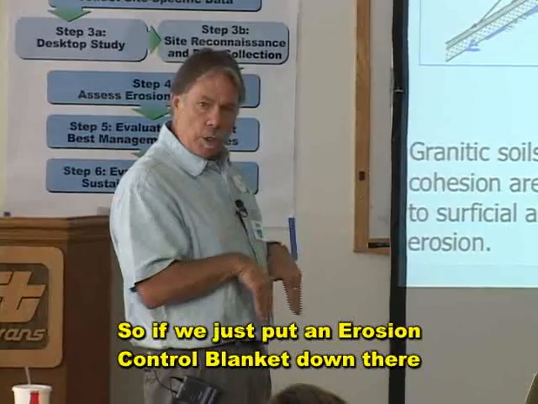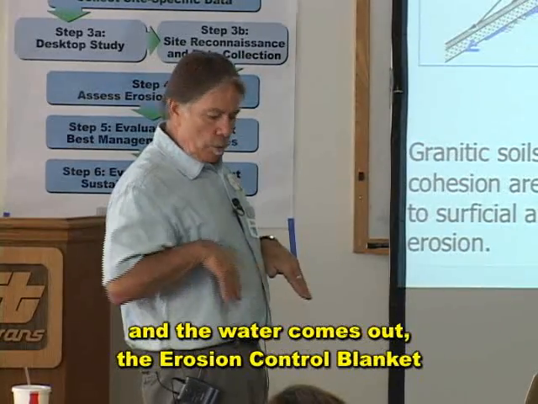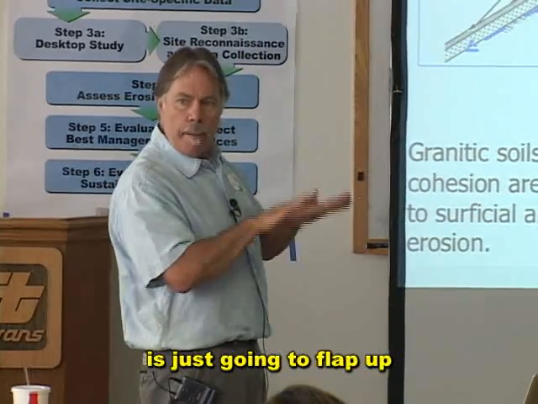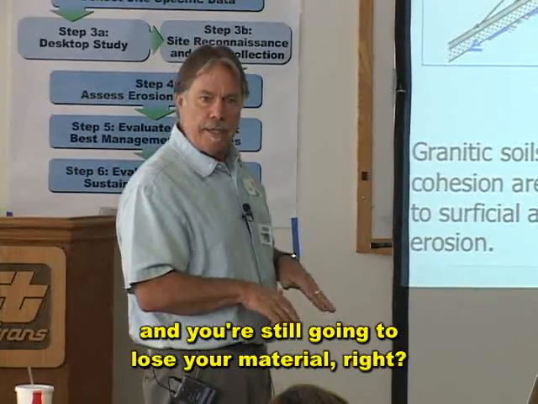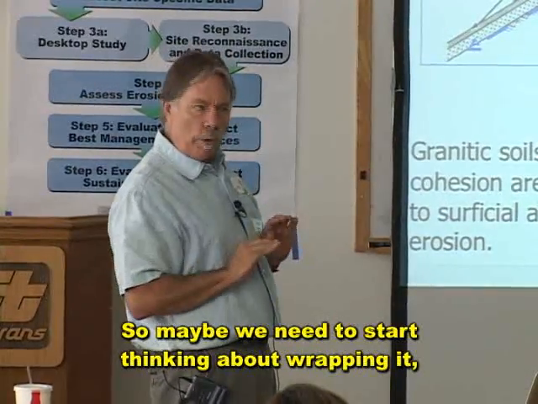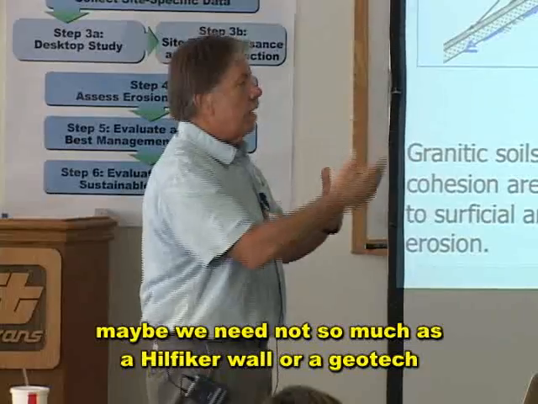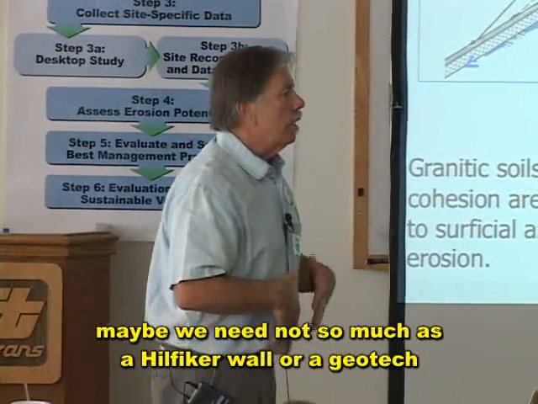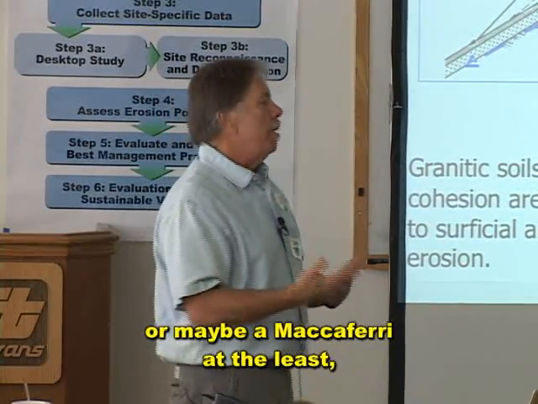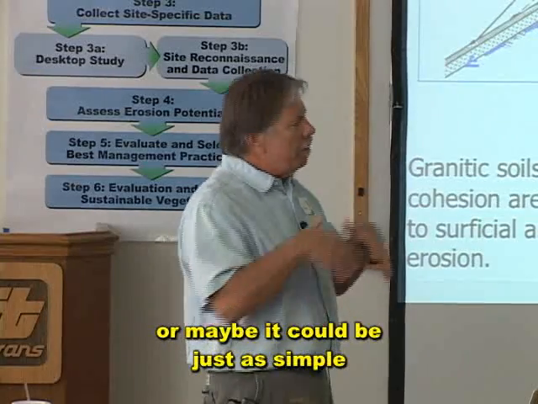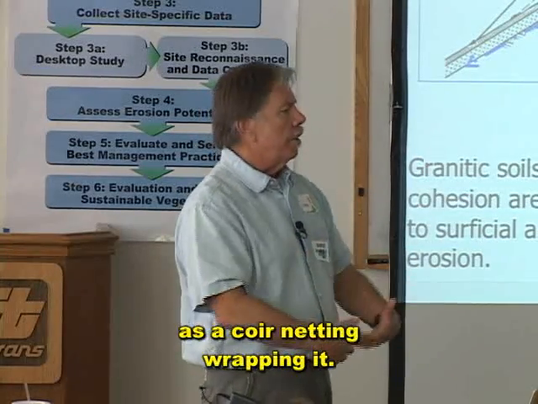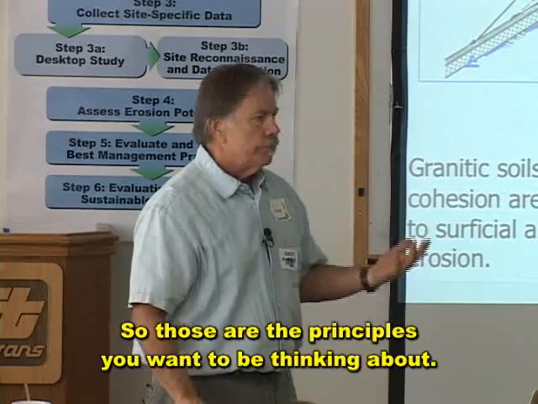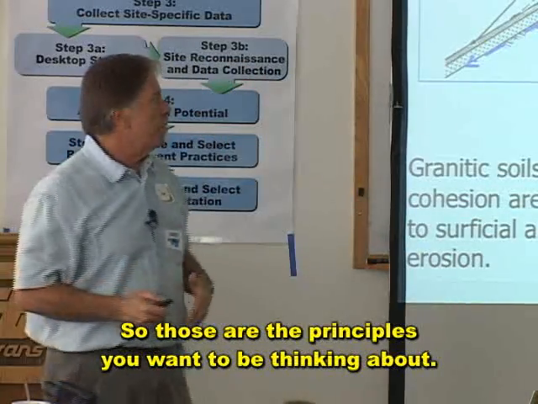If we just put an erosion control blanket down there and the water comes out, the erosion control blanket is just going to flap up and you're still going to lose your material, right? So maybe we need to start thinking about wrapping it. Maybe not so much a Hilfiker wall or a geotech, but maybe a MacAfferi at the least, or maybe it could be just as simple as a coir netting wrapping it. So be thinking, those are the principles we want you to be thinking about.